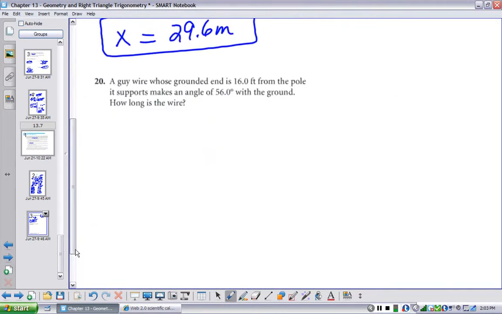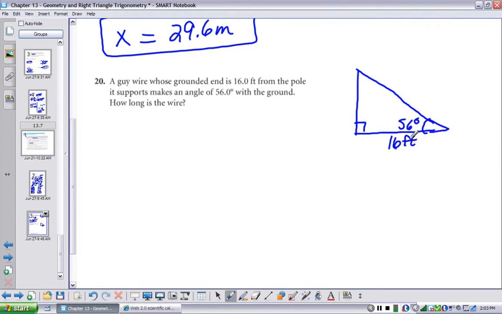All right, our next problem, number 20, says a guy wire whose grounded end is 16 feet from the pole it supports makes an angle of 56 degrees with the ground. So you have a pole it supports. This guy wire is going to be our hypotenuse. It makes an angle of 56 degrees with the ground. It's grounded 16 feet from the pole.